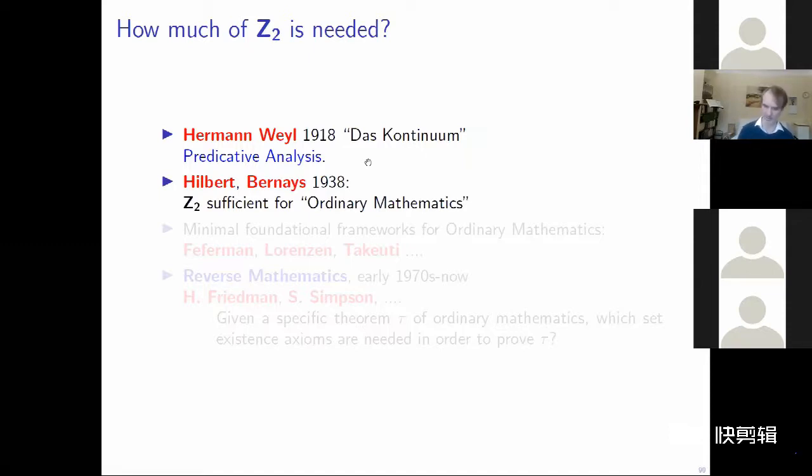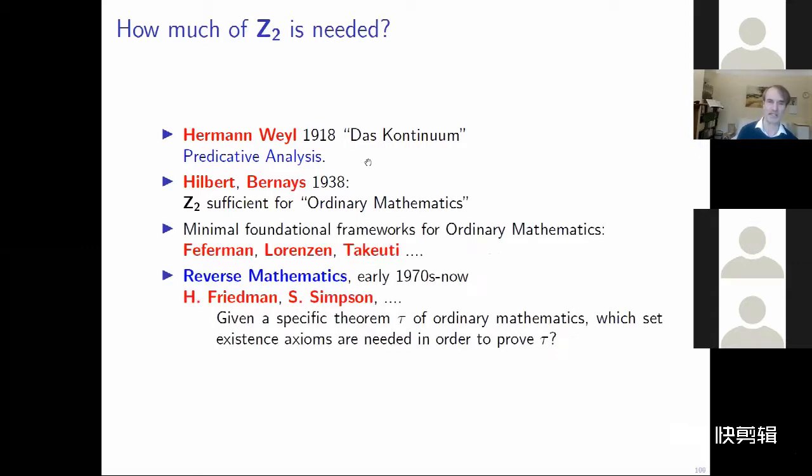for ordinary mathematics. And this idea of looking at what you really need to develop certain chunks of ordinary mathematics was then pursued over the years by Feferman, Lorenzen, Takeuti, and became a program, the program of reverse mathematics, with the leading figures being Harvey Friedman and Steve Simpson.